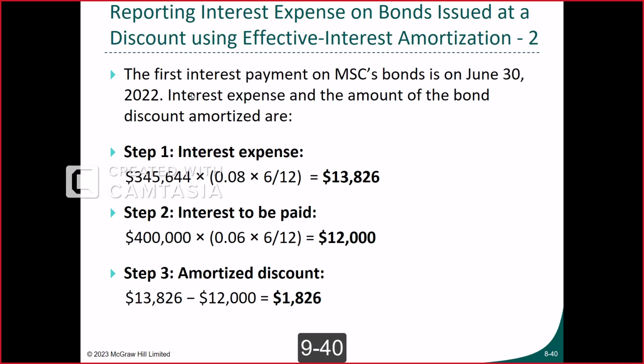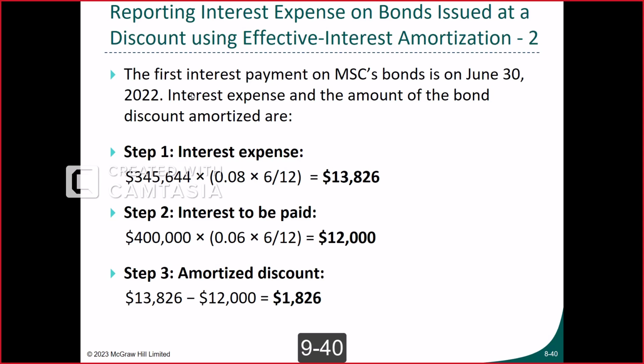You multiply that carrying value by the market rate so that you get the effective interest. This is what we call the effective interest amortization method. That is the only method accepted under IFRS. Am I clear?